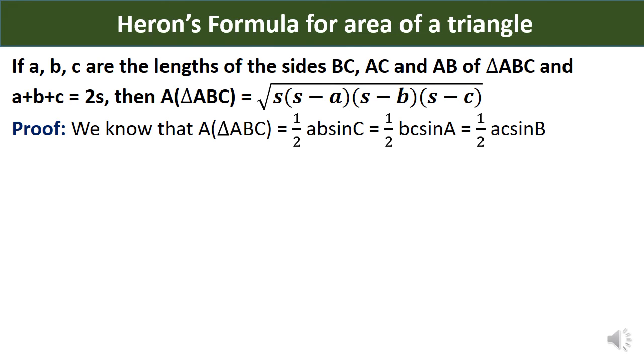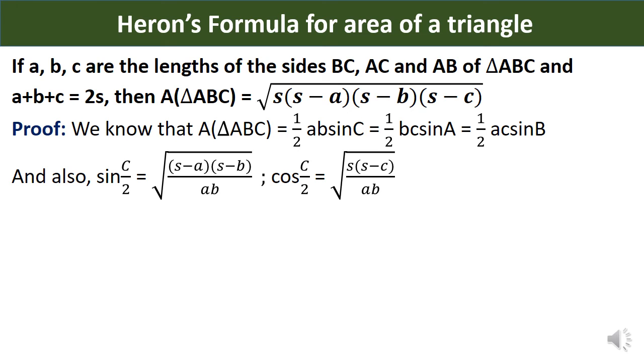One formula for the area of a triangle we already know from our lower classes. That is, area of triangle ABC is equal to half ab sin C, which is also half bc sin A, which is half ac sin B. Also, from the half angle formula which we derived just now, we know that sin C by 2 is equal to root of (s minus a)(s minus b) upon ab, and cos C by 2 is equal to root of s(s minus c) upon ab.